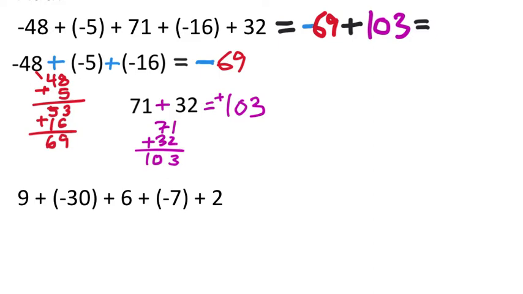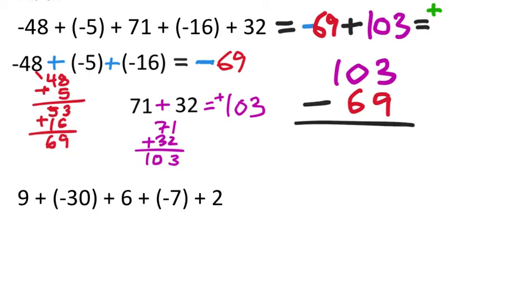Well, the first thing we would want to do is determine the sign of the sum here, these 2. So I'd say, well, 69 is smaller than 103. 103 is bigger. It's positive, so I know my answer should be also a positive number. Now I'll get rid of that positive, but I'm putting it there so I know my answer is positive. And from there, I take the big number, 103, and I subtract from it the small number, 69.